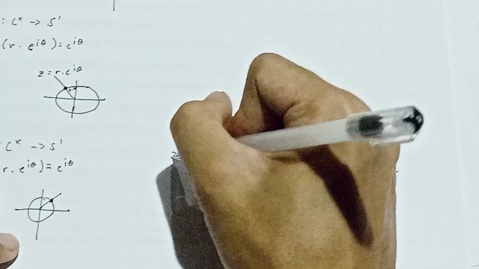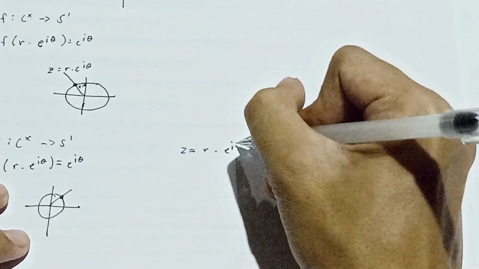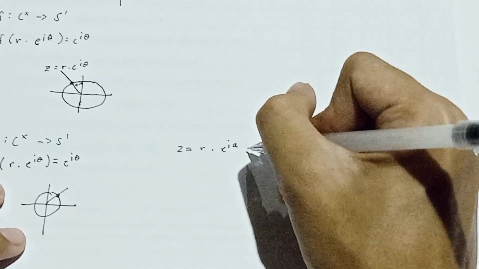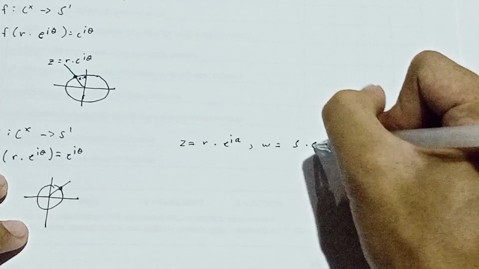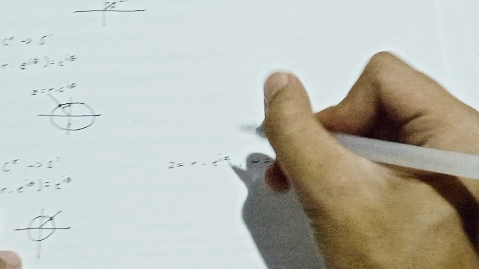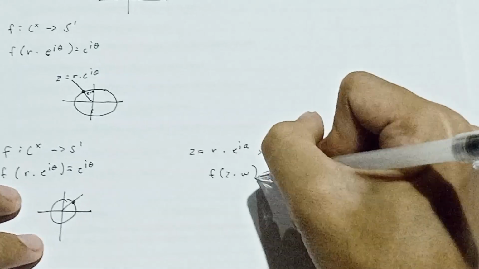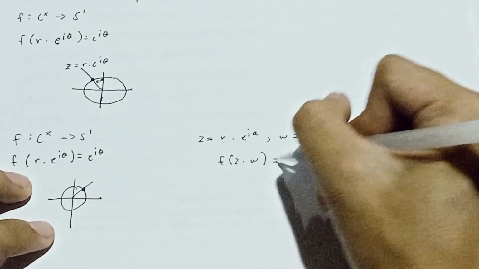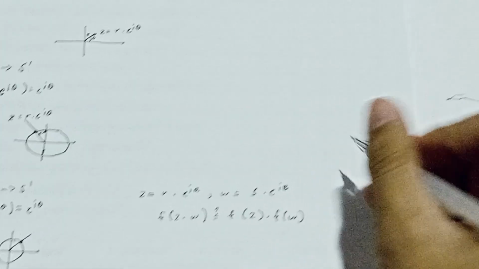If we have z equal to r times e to the power of i alpha, and w equal to s times e to the power of i beta, then we need to compare f of z times w and f of z times f of w.